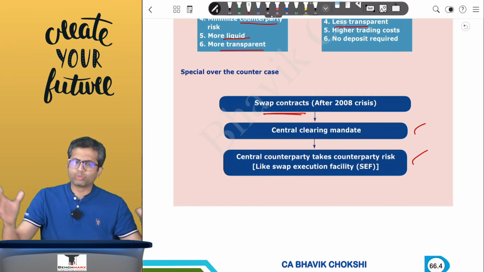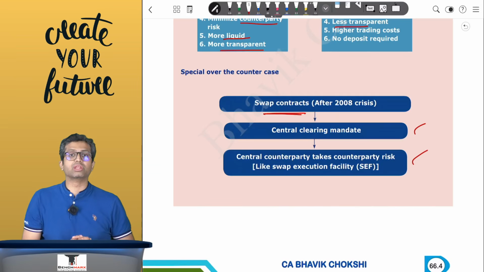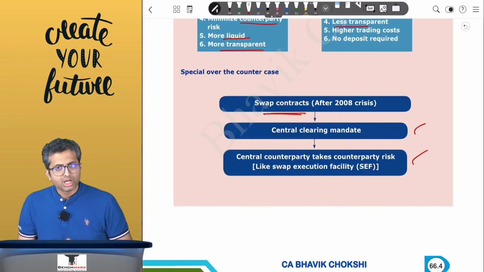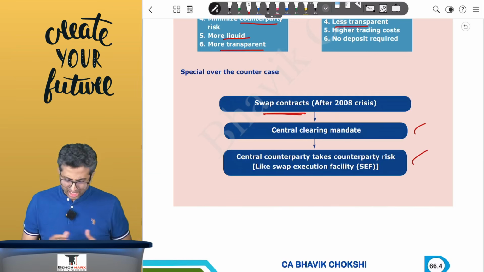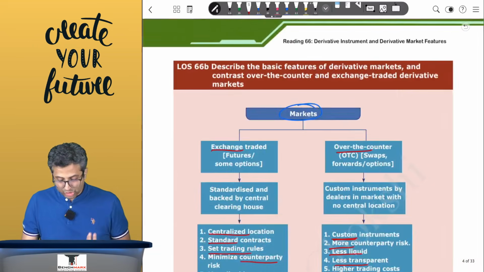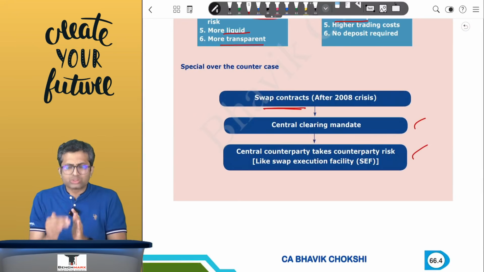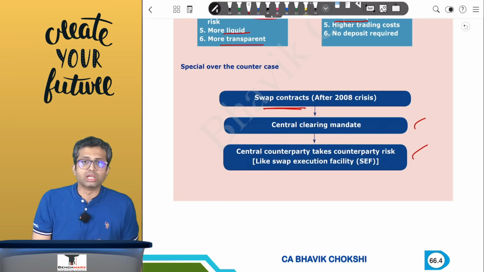But as per the global mandate, most of the internationally accepted swaps in popular banks will need to have a central clearing mandate, and hence, like a swap execution facility, there would be a centralized authority which will be responsible for assuring clearance, and hence to that extent the counterparty risk is relatively reduced.